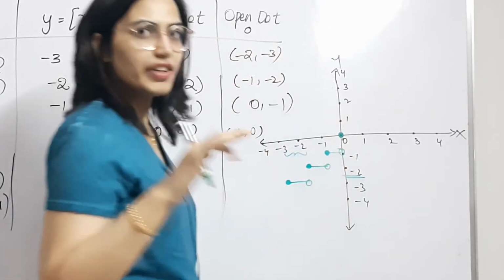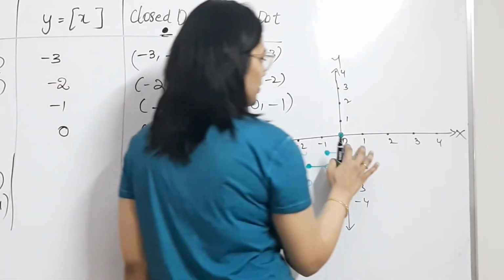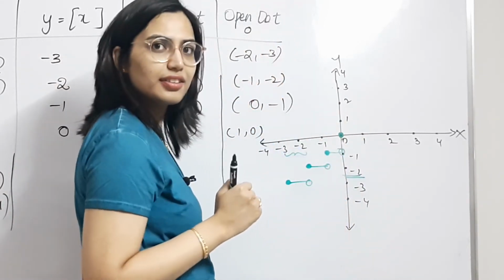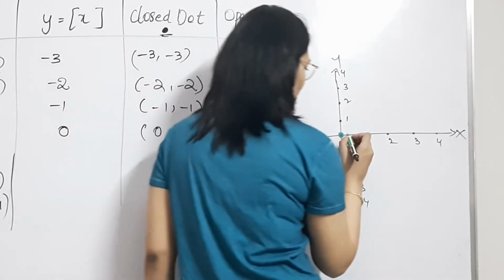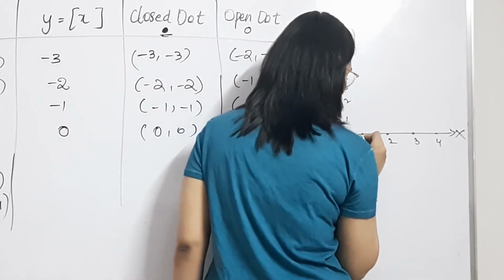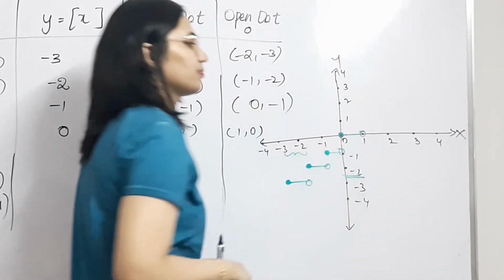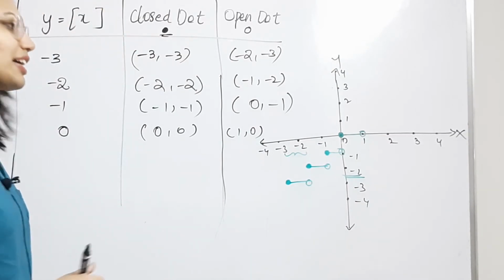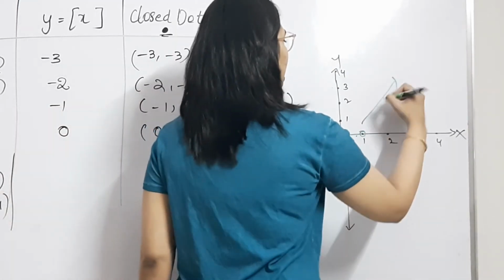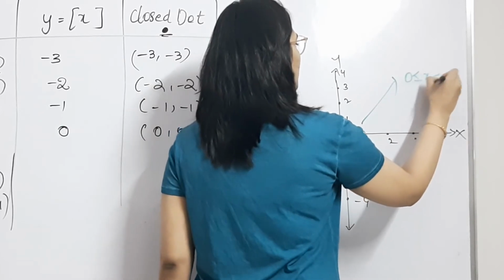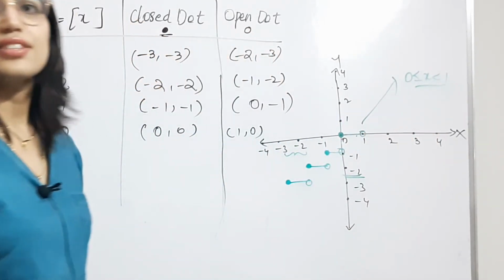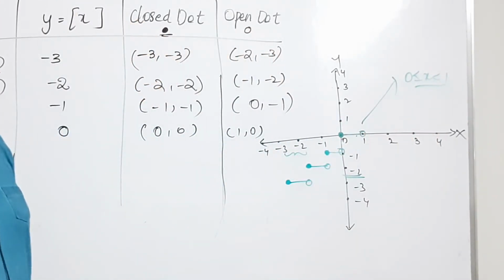That means for 0 we also get 0, and for any value between 0 and 1 we get 0 only. Just draw this line and put an open circle. That's it. This indicates that x falls between 0 and 1, but we get the value 0 only as the answer.